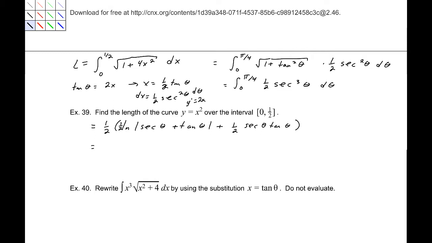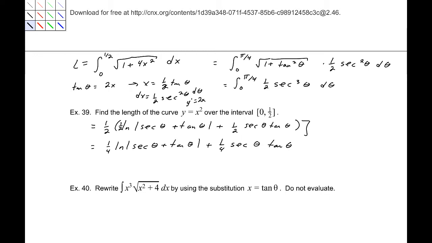Okay. And this is all going to be evaluated. This will be 1/4 natural log absolute value of secant theta plus tan theta plus 1/4 secant theta tangent theta.